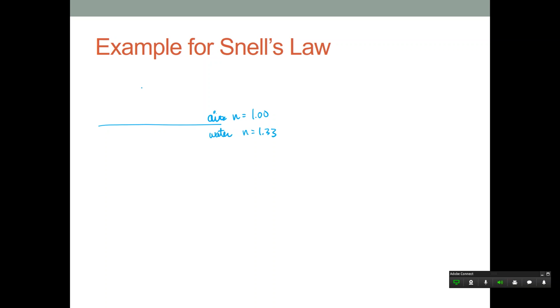If I have a light ray that comes in with a velocity of 3.0 times 10 to the 8 meters per second, what's going to be the velocity of my light as it enters the water?